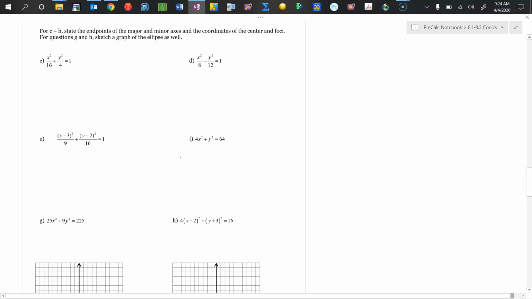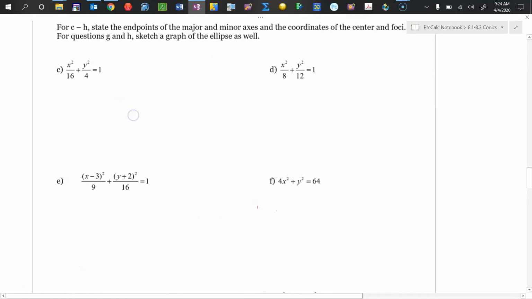And from that, we can see that this ellipse has coordinates of its center at 0, 0. I know that the larger denominator is a squared. So I know that a squared is 16, so a is going to be equal to 4. I know the smaller denominator is b squared, so b is going to be equal to 2.